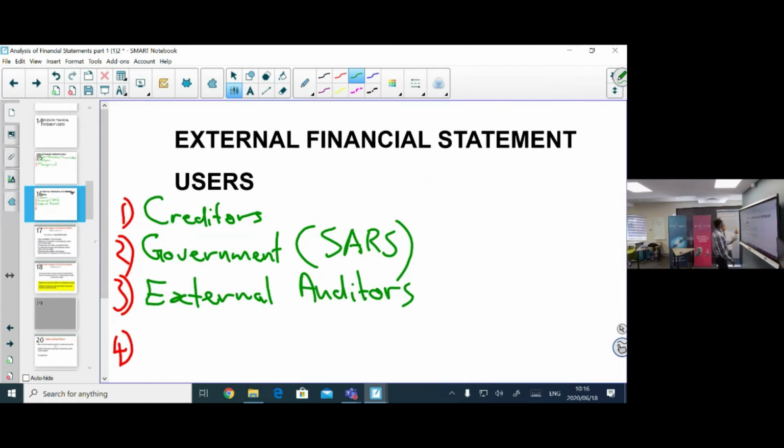These people come and review if the financial statements were prepared fairly and without error, and there's no fraud, there's no misinterpretation of financial statements. And let's go to the next external financial statement user.